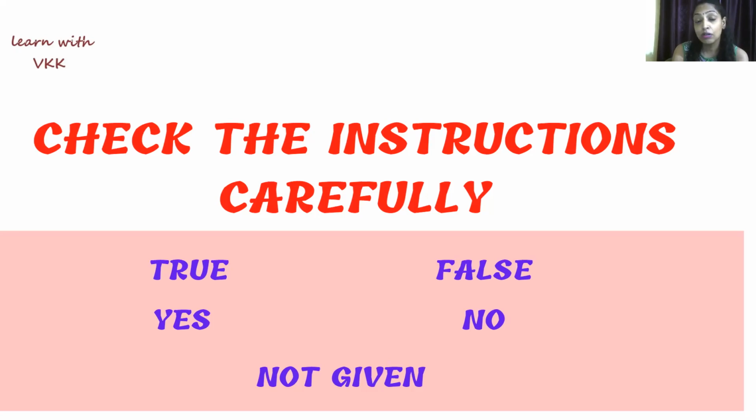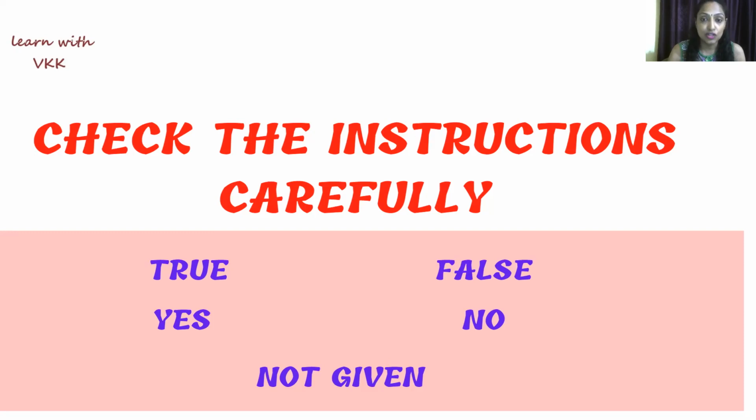Well, the people who are going to check your answers would only have an answer key and will just be tallying your answer. So please note that if the question asks you to mark the answer in true or false, you cannot write a yes for a true or a no for a false. If you do that, you're not going to get any marks for it.